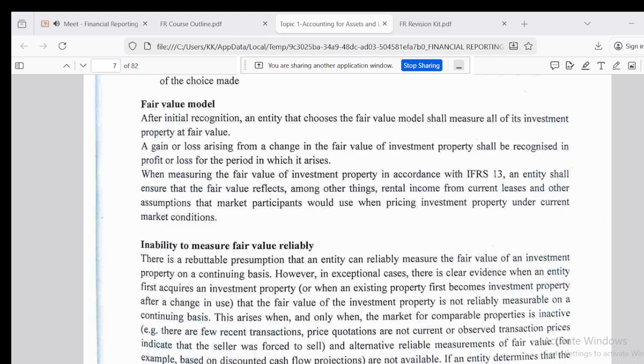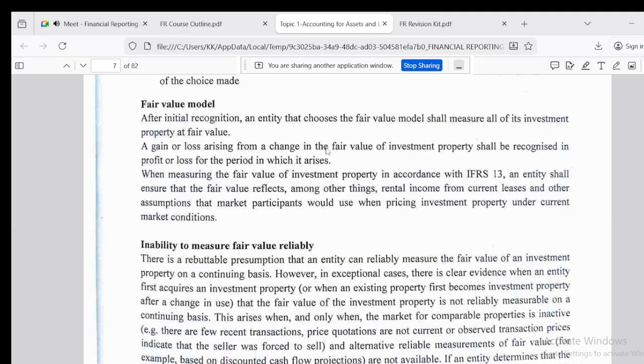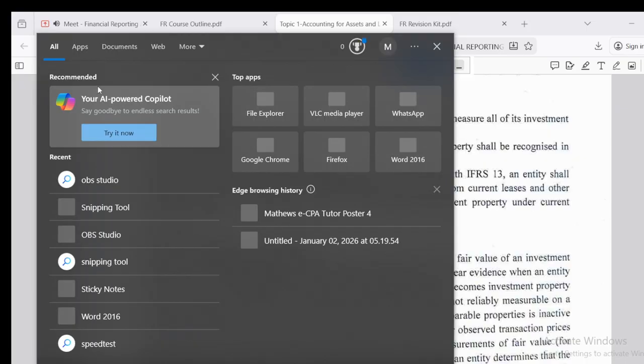That is the measurement after recognition I'm explaining, this from the fair value model. I want to take a photo, or can you screenshot from your end? It's a bit tricky because it is not very clear, so let me just do the full page for you, then I share.